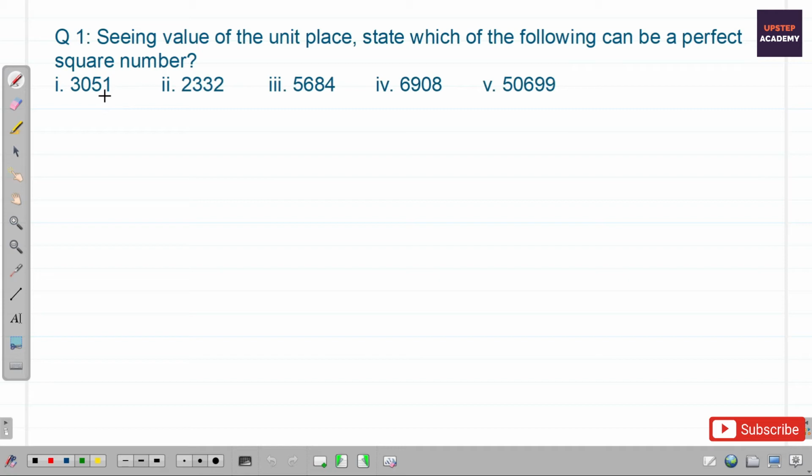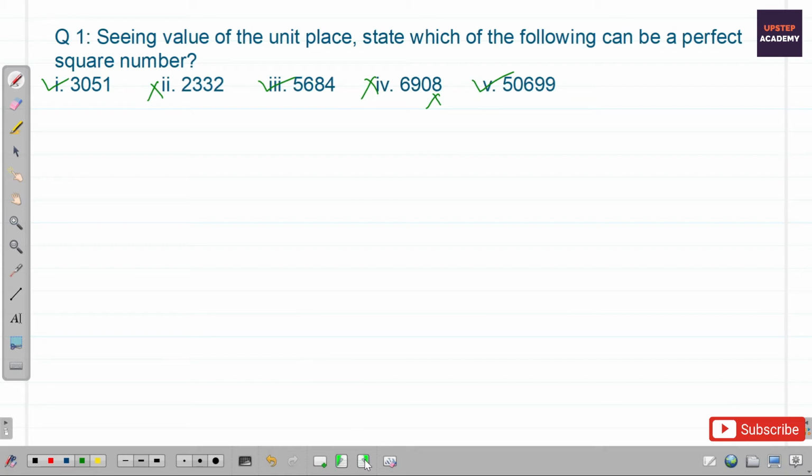Here you can see 1 is the number at the units place, and you know that 1 can be present at the units place of a perfect square number, so this can be a perfect square number. 2 cannot be present at the units place of a perfect square number, so this cannot be a perfect square number. 4 can be present at the units place, so this can be a perfect square number. 8 cannot be present, so this cannot be a perfect square number. 9 can be present, so this can be a perfect square number.